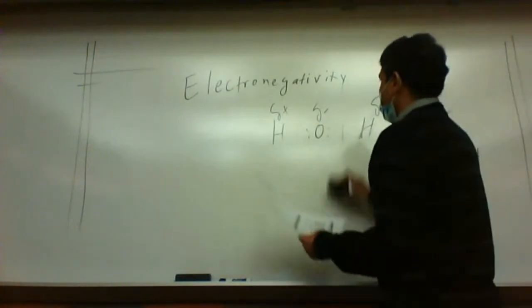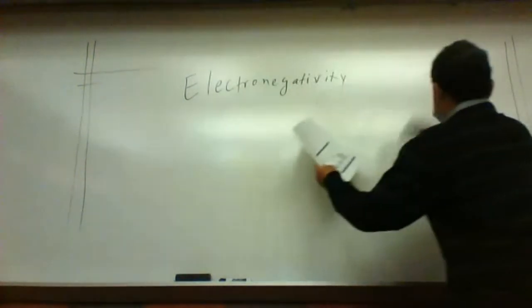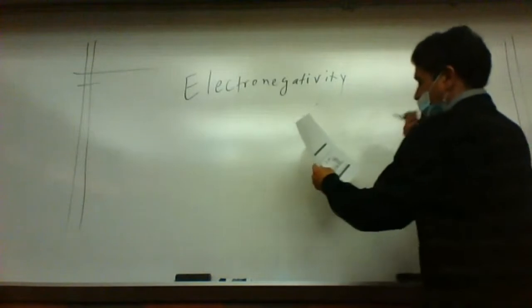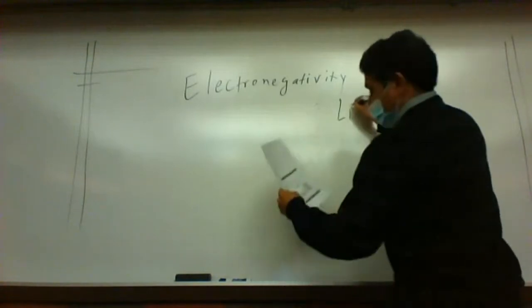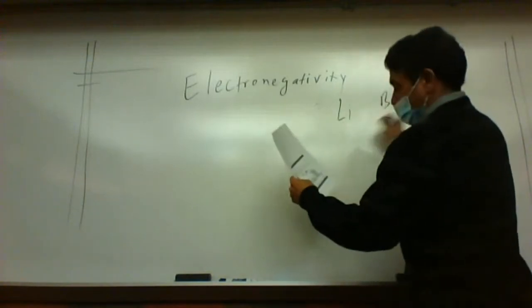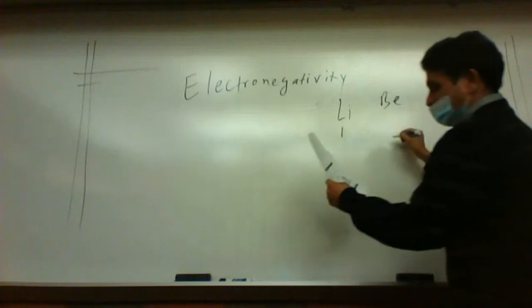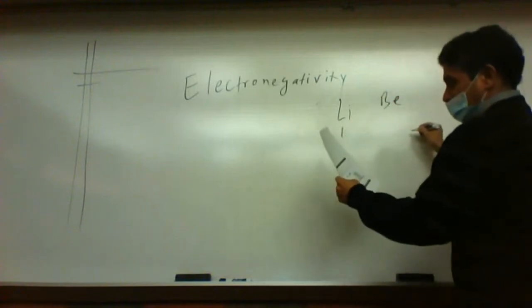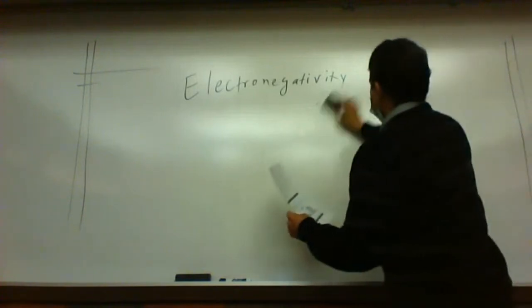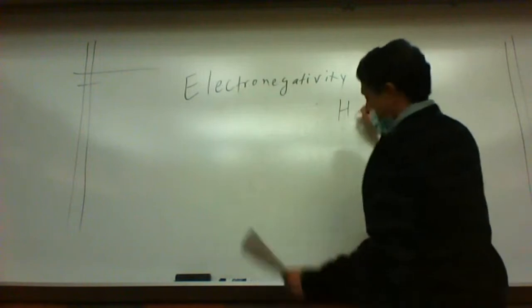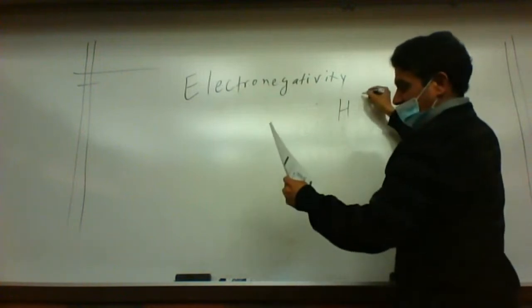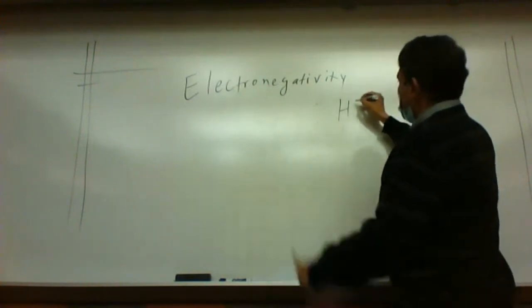So let's write some electronegativity values here. I have lithium here, beryllium here. Lithium has an electronegativity value of 1. Do I have hydrogen? Yeah, I have hydrogen also. I'm going to write hydrogen here. Hydrogen has an electronegativity value of 2.2.